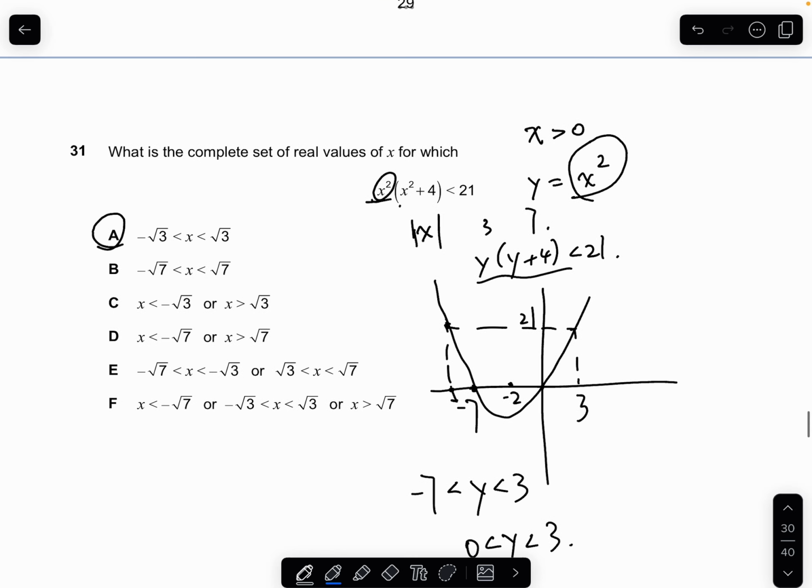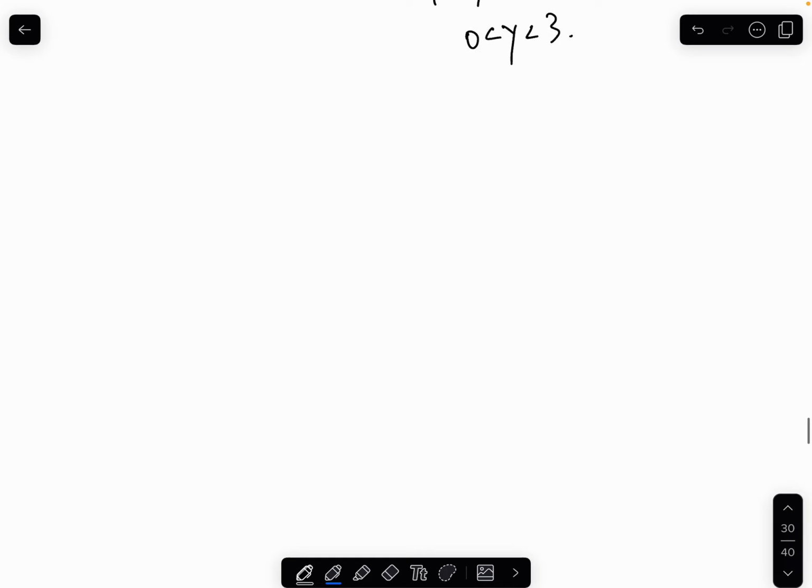We have this. Sure, let's plug in a value. Let's say that x equals here, and it transfers into not suitable.